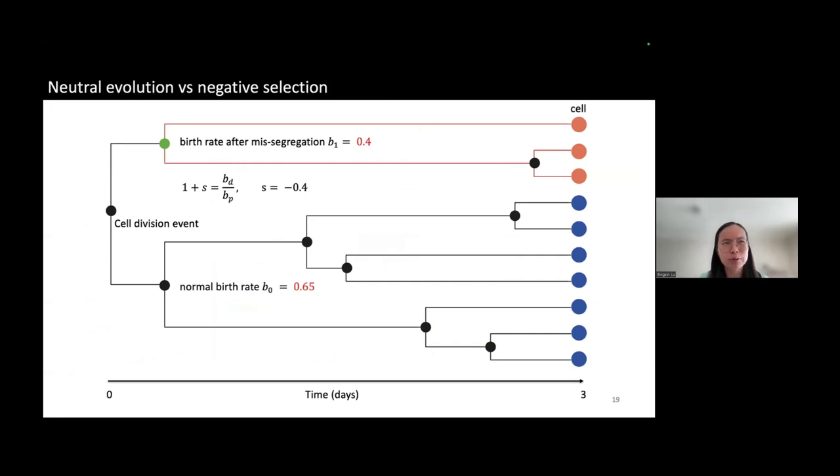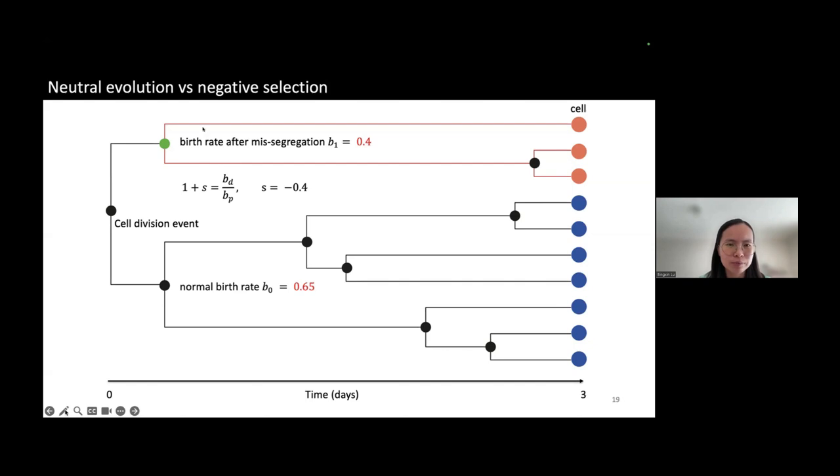I want to clarify that those estimations are based on the assumption of neutral evolution. However, we suspect there may be negative selection because after missegregation, the cells show lots of alterations that are expected to be disadvantageous to the cell survival.